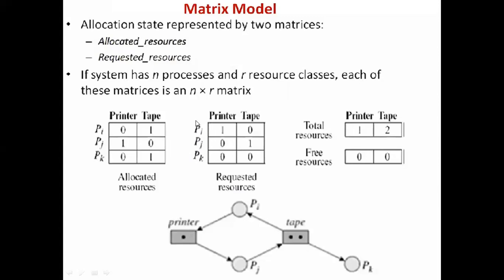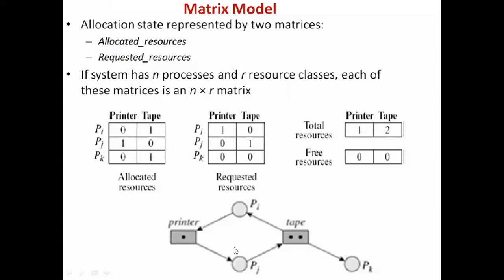Hence, here this process PI is requesting for the printer resource, so I can write here 1. And this process PI is not requesting for the tape resource. Hence here I can write 0. So in the top row, I can mention all the resource types, and in the column-wise, I can write down all the processes available in the system, and I can go on filling the values here.